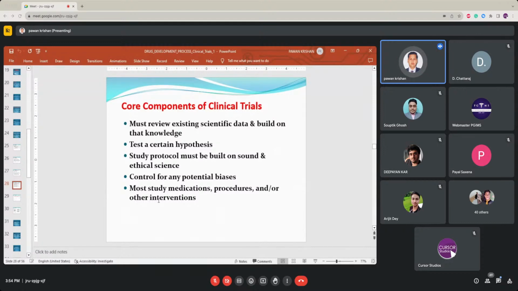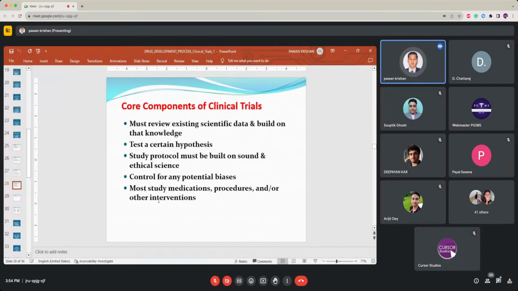When conducting a clinical trial, it is very important to review existing scientific data and build on that knowledge, and test a certain hypothesis. The study protocol must be built on sound and ethical science and control for any potential bias.